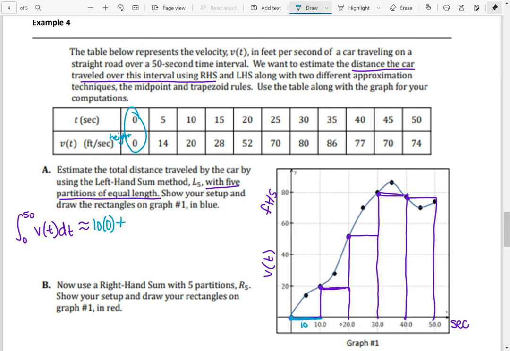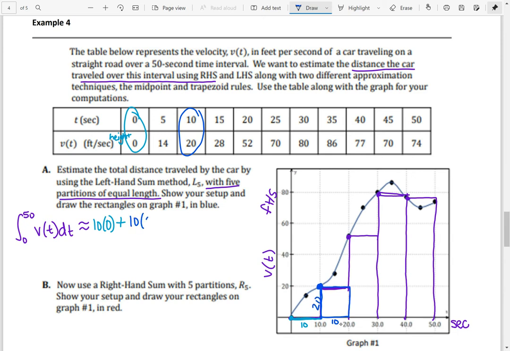I'm going to add that for my second rectangle. The width again is 10. To get the height, I need to know the y value right here, which looks from the graph to be 20, but I'm going to go to the table and see that when t is 10, the v of t value is 20.